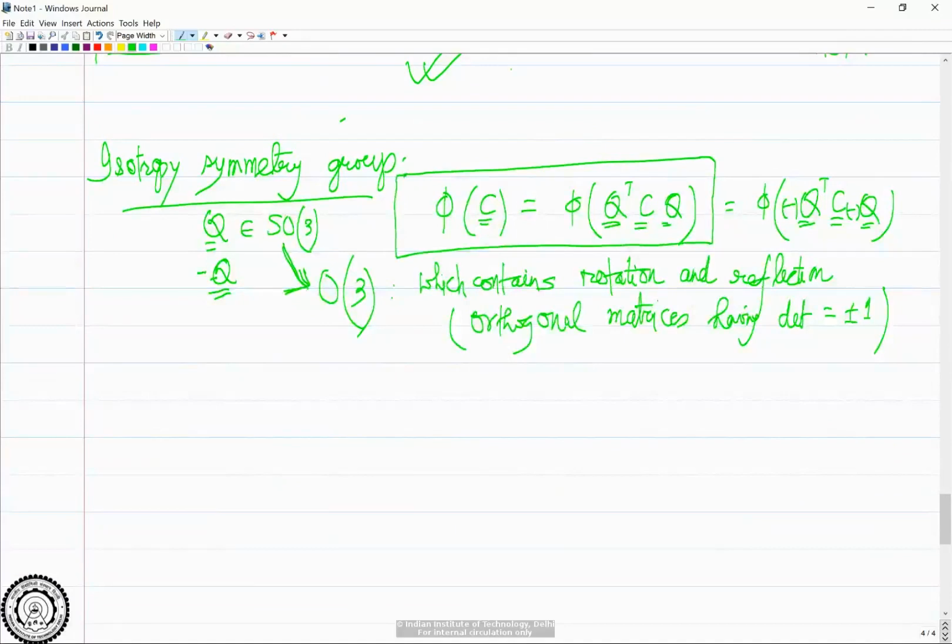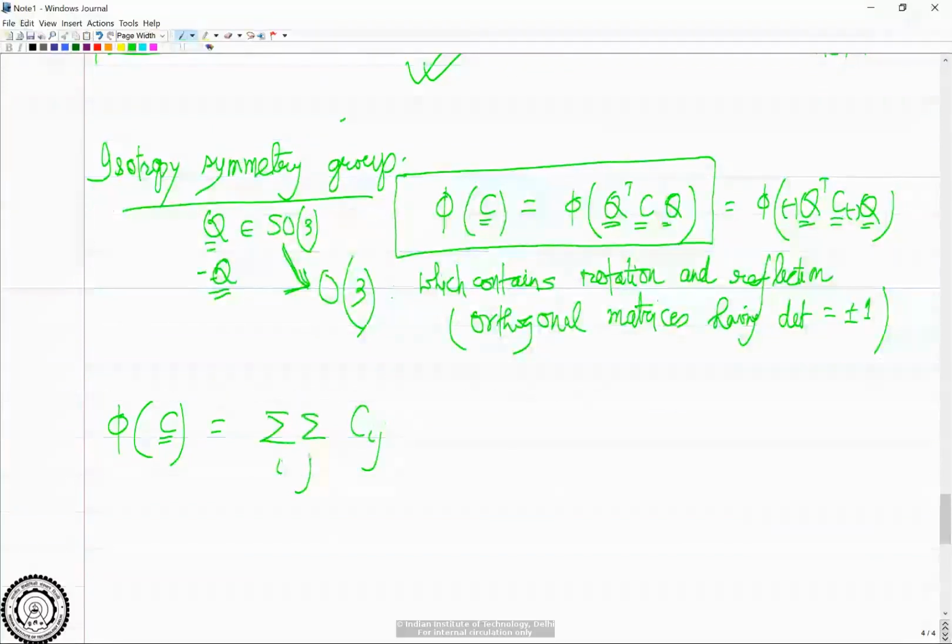For example, you cannot have an energy such that phi of C is equal to C11 plus C22 plus C33 and keep on going up to the sum over i, j of Cij. This cannot be the form of energy. Why?